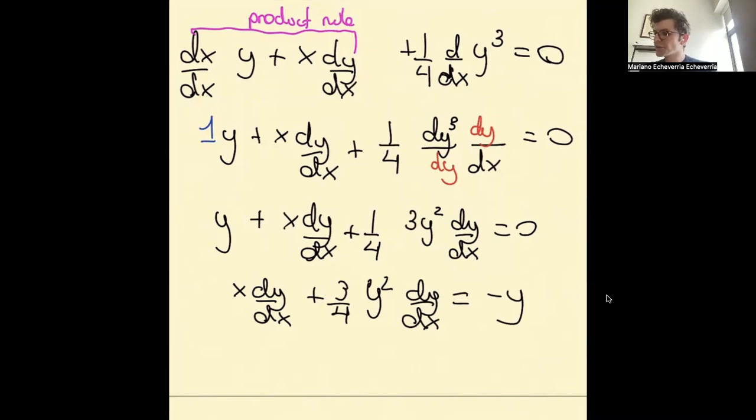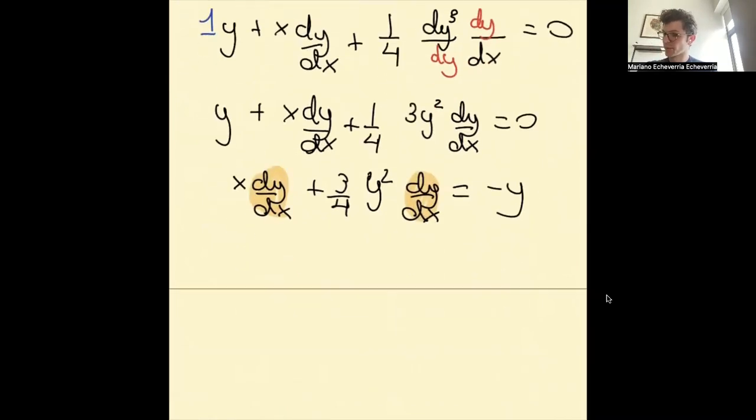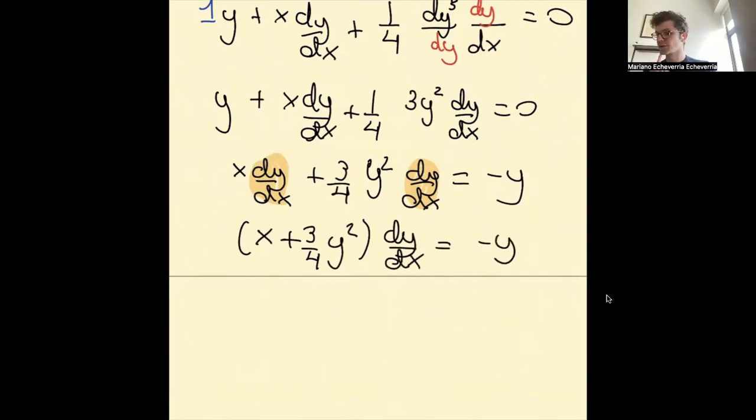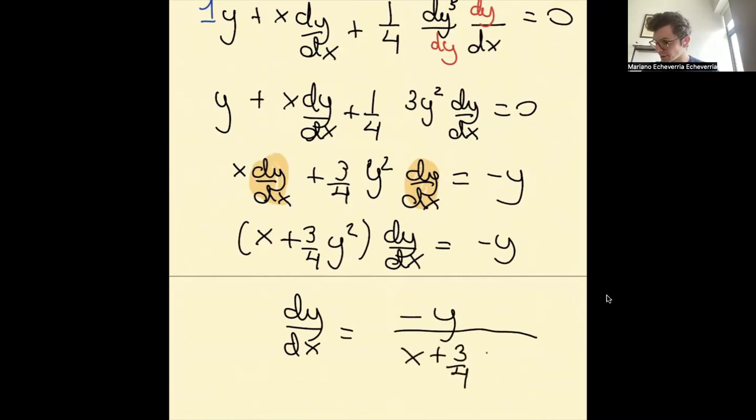What I'm trying to do now is to solve for dy/dx. So if you factorize a dy/dx here, it gives you that. And then it literally gives you the equation for dy/dx: minus y divided by x plus 3/4 y squared.